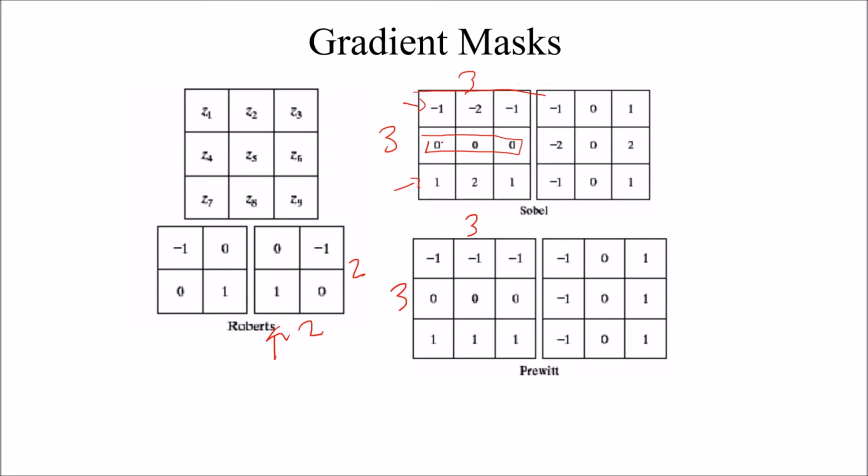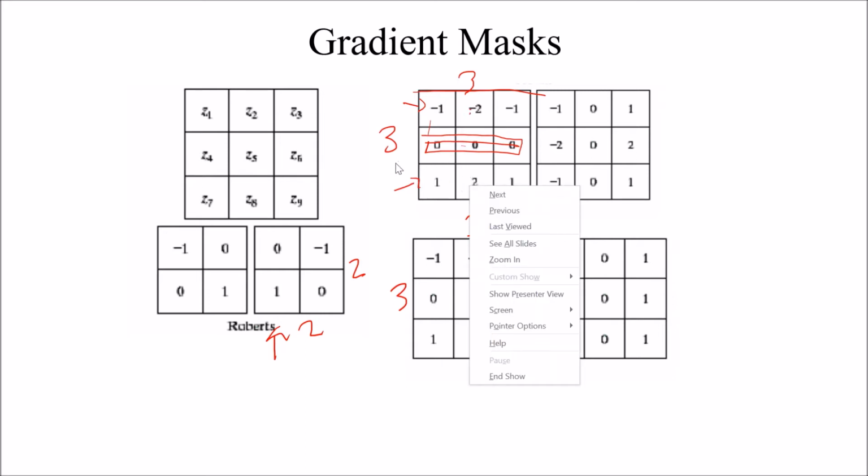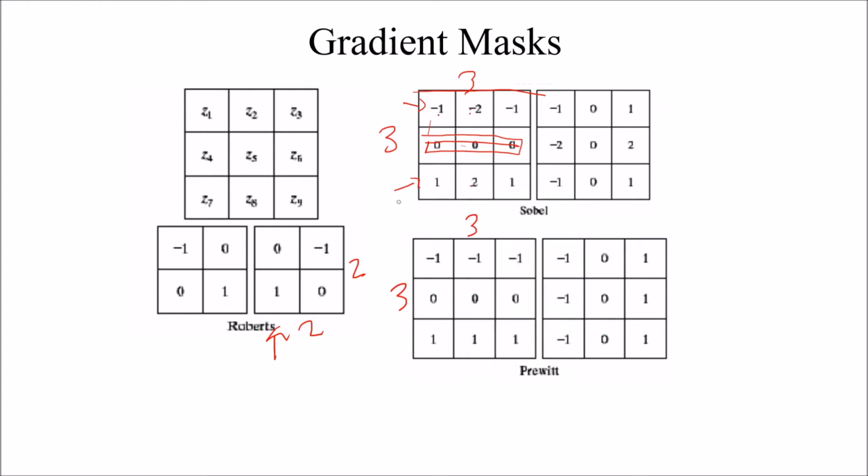In a simple way, from the center point you find the difference between top and bottom. So if you put this in a flat image, in which the gradient information is the same, the outcome will be 0.